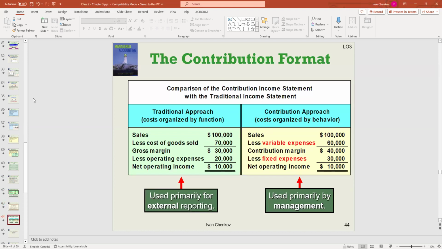Traditional approach, again: sales is organized by function, contribution format organized by behavior. Sales, cost of goods sold, gross margin, operating expenses, operating income. Contribution format: sales, less variable cost, contribution margin, less fixed cost, operating income.